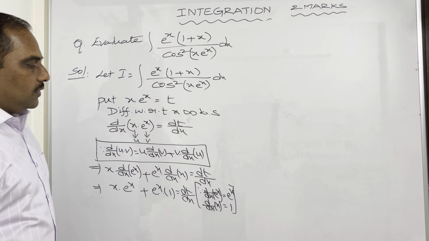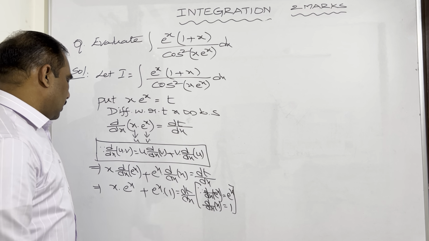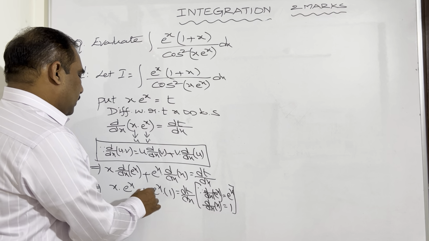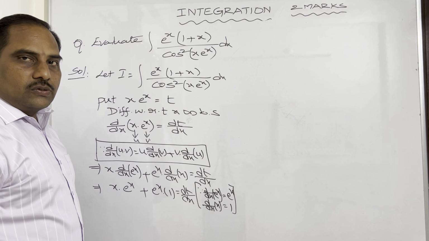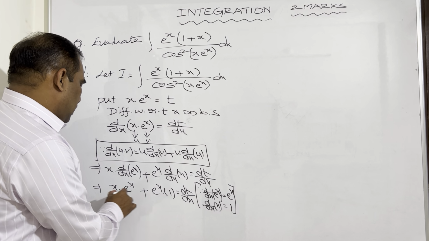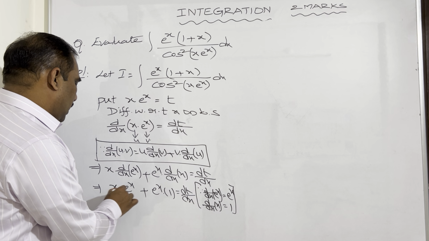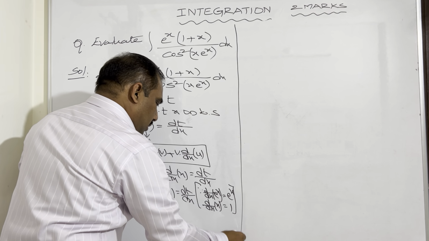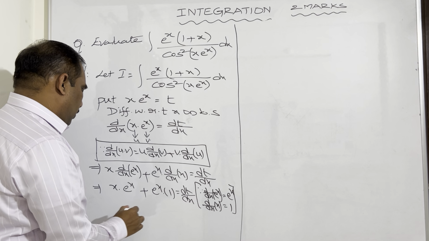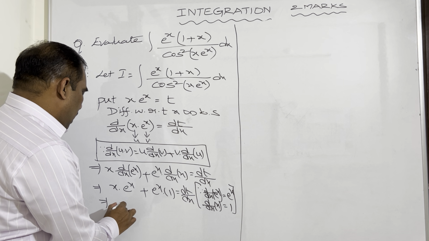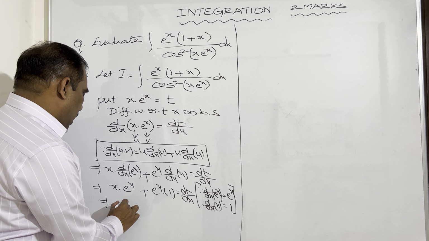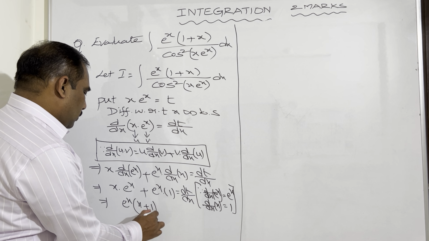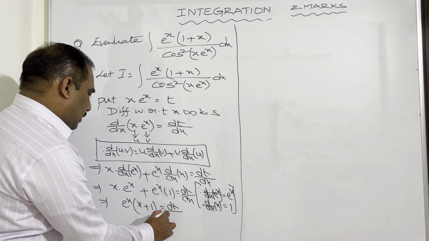So x into the derivative of e^x is x e^x plus e^x into the derivative of x, which is 1. Observe here, in both the terms e^x is common. Taking e^x common, we get e^x into (x + 1) is equal to dt/dx.